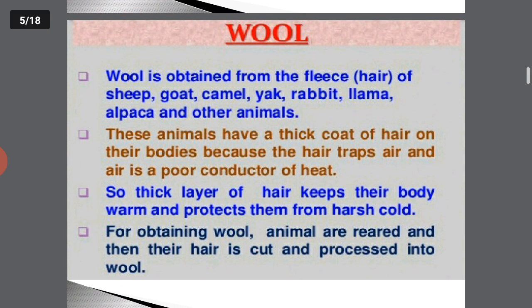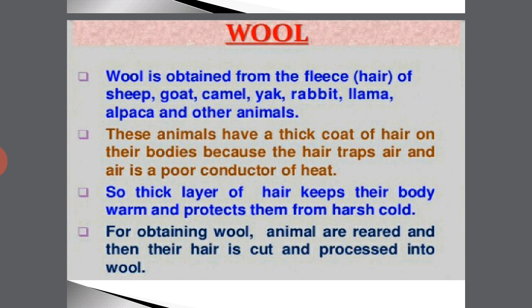Wool, you all know, is obtained from the fleece hair of the sheep, goat, camel, yak, rabbit, llama, alpaca and other animals. These animals have a thick coat of hair on their bodies because the hair traps air, and air is a poor conductor of heat.